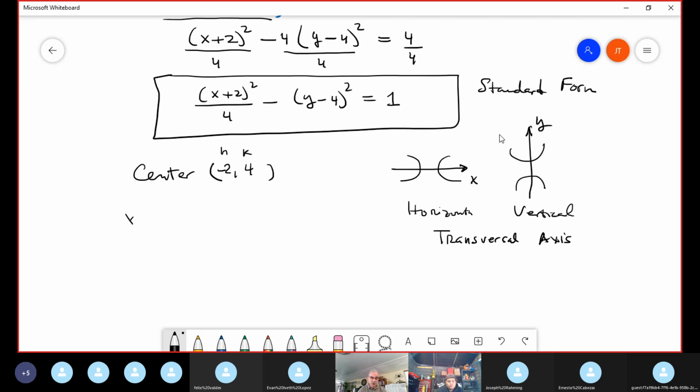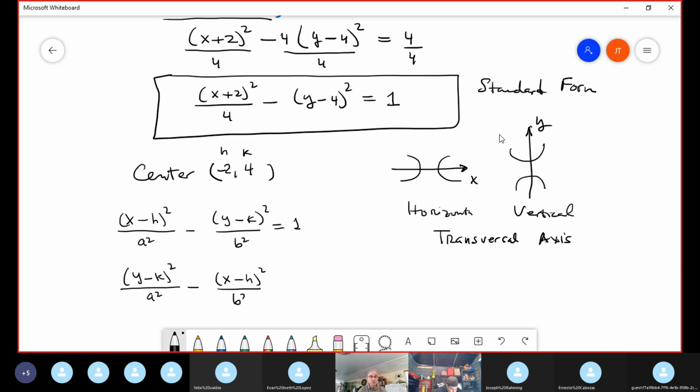Suppose this equation, (x minus h) squared over a squared minus (y minus k) squared over b squared equals 1. We have another kind of hyperbola case: (y minus k) squared over a squared minus (x minus h) squared over b squared.